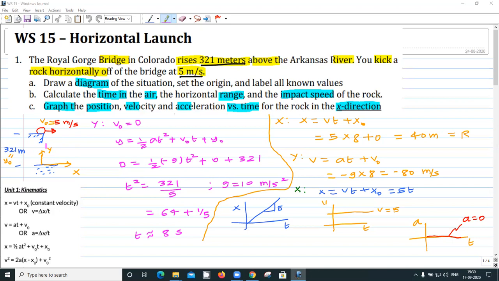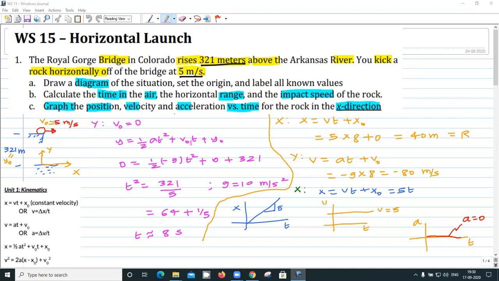Here I've chosen positive Y as upwards and acceleration is downwards, because Earth pulls it down. It should be consistent with the choice of my axis. Since I've chosen upward as positive, acceleration is downward, so it's negative.